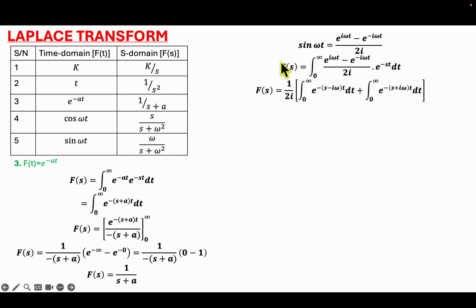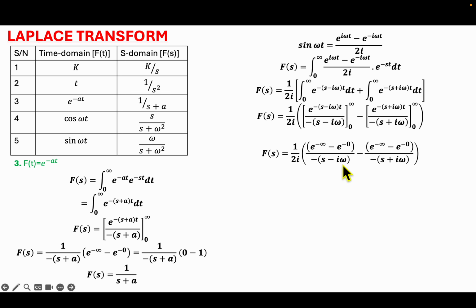So for each exponential, I will have to apply the limits. I have to integrate it separately and apply the limit. So doing so, I will end up with this solution, and I have to apply the limit for each one. So applying the limit, it will reduce into these exponentials, and then finally I will have this relationship.